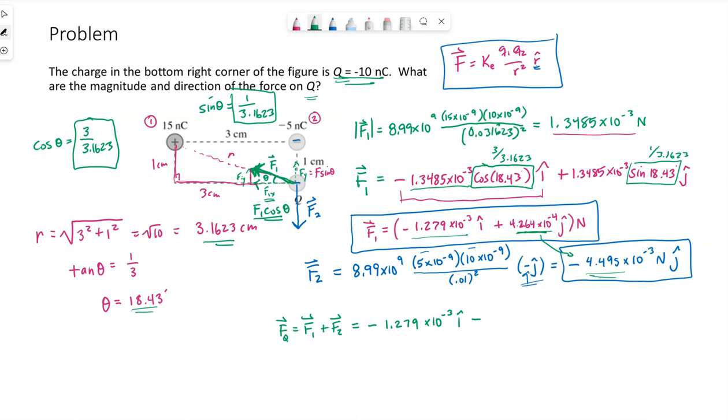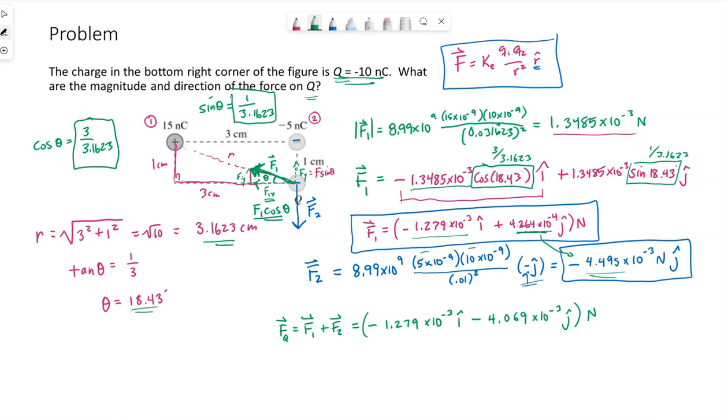So I'm just plugging in negative 4.069 times 10 to the negative 3. And again, negative j hat means the negative y direction, so downwards.